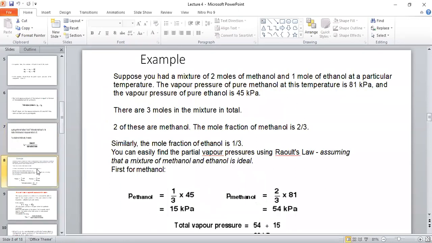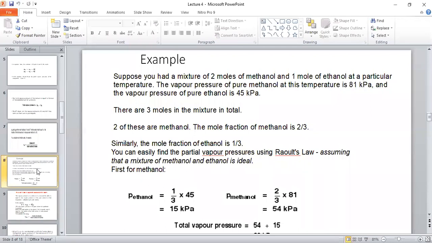So now let's look at an example to make it much clearer. Suppose you had a mixture of 2 moles of methanol and 1 mole of ethanol at a particular temperature.